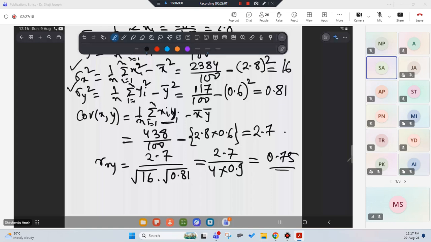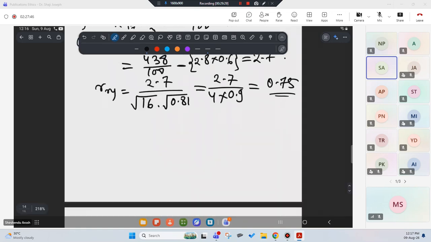So it is highly positively correlated. It is going towards +1. That means that this data, whatever it is given, is positively correlated. So this is one type of problem where the typical numbers are not given, but eventually using the summarized data, we can find this out.